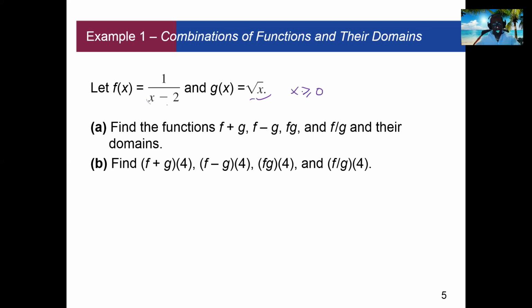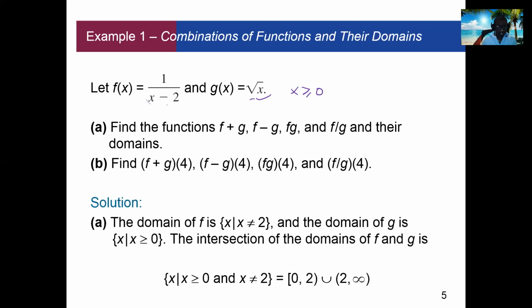All right, so let us start. We want to find the sum, the difference, and the quotient, and then also find their domains. We want to start with the domain of f of x.